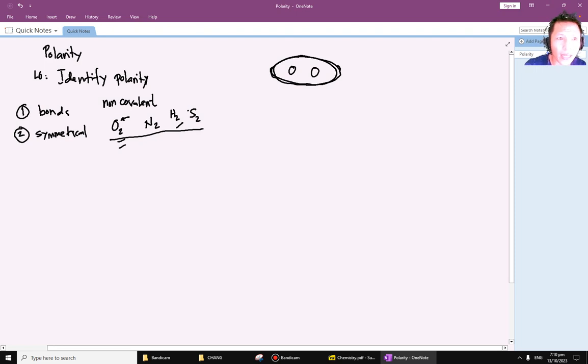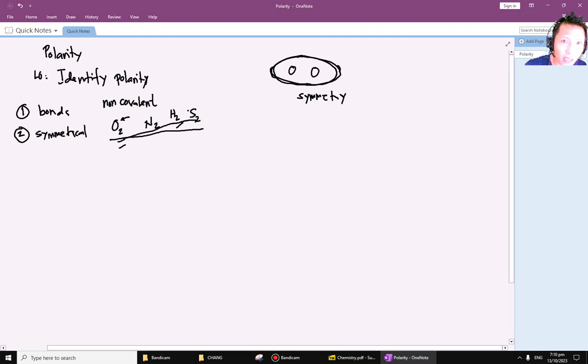So it's already symmetrical, because all these non-polar substances, or diatomic substances, would look like this. They would have symmetry from left to right or top to bottom, usually left to right and top to bottom.